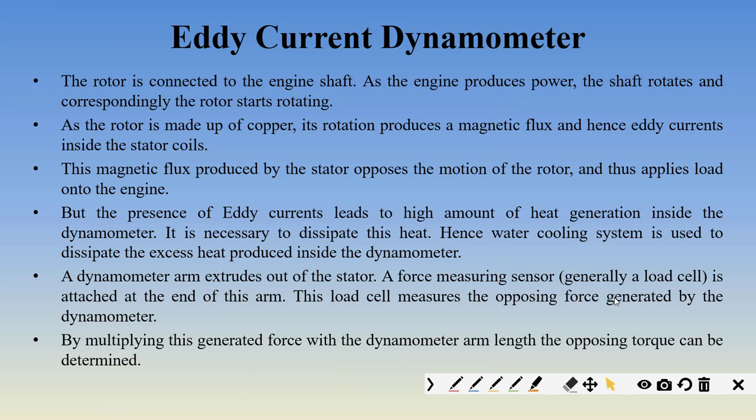It basically opposes the motion of the rotor, using the magnetic flux which is produced, because the rotor is made up of copper and the outer housing is made of electromagnets.